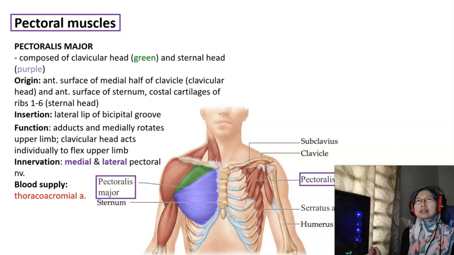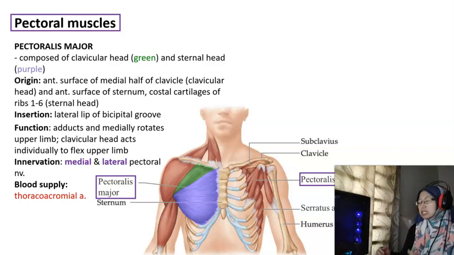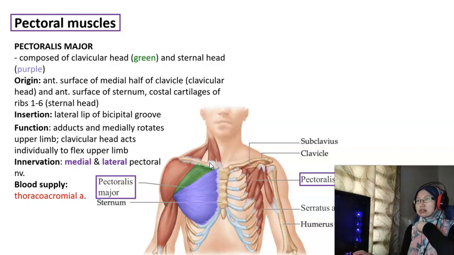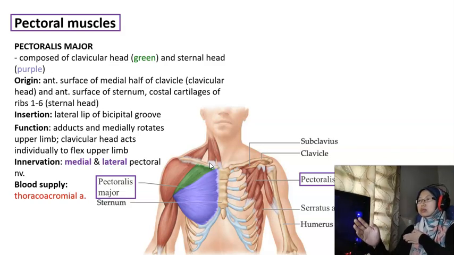And the clavicular head also assists in flexing, because you see from the picture here, the clavicular head is from above and inserted to the lateral lip of the bicipital groove, so it assists in flexion of your upper limb.